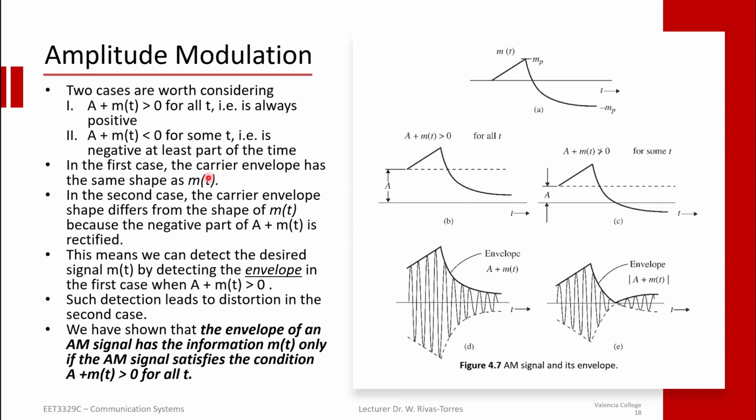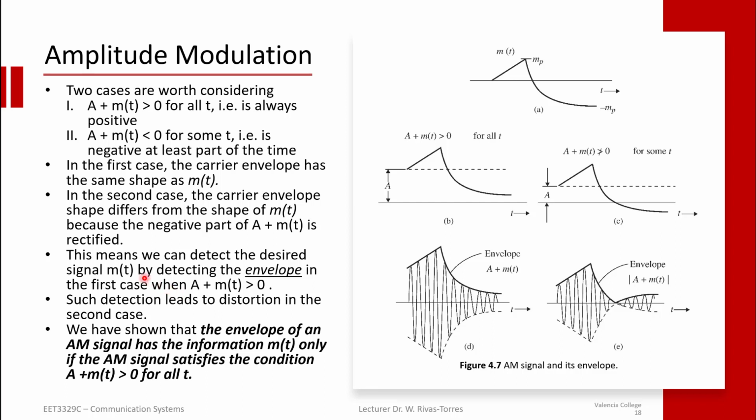In the first case, when we modulate the carrier, which is down here at the bottom left, you'll notice that the envelope of the modulated signal will track, or be equal to, our information or message signal.